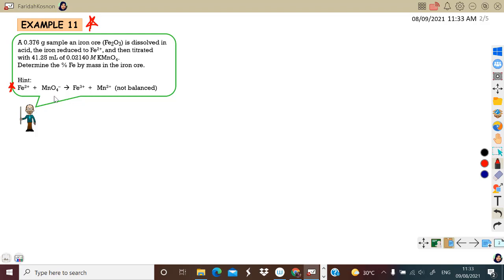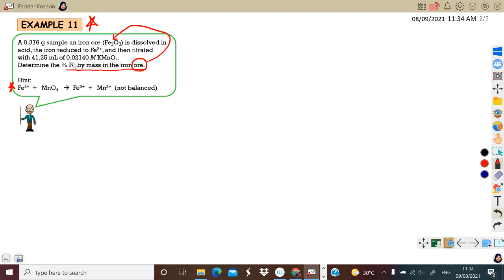Alright, so first of all, if you refer to the question, you are going to determine the percentage by mass of iron ore. So there is iron ore. Alright, so iron ore refers to iron Fe2O3. But you are not going to calculate the percentage of iron ore.